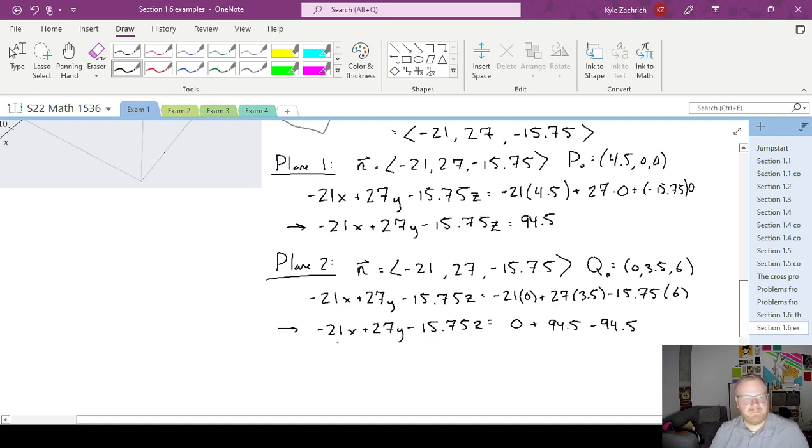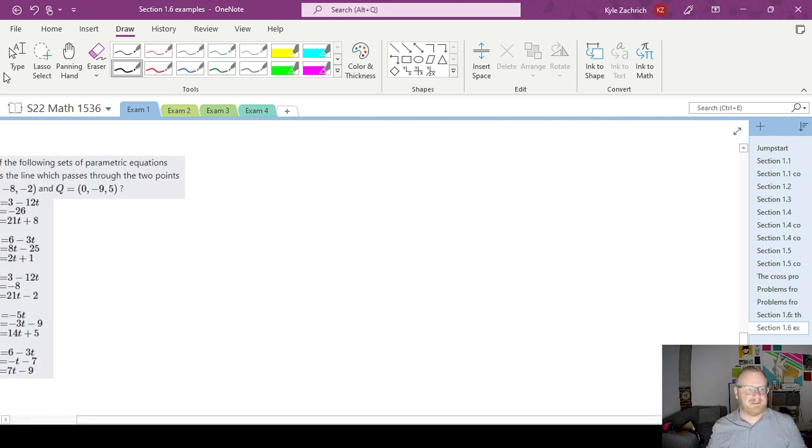So the plane that we get is negative 21x plus 27y minus 15.75z is equal to 0. Now we're cooking. Let me organize it this way.